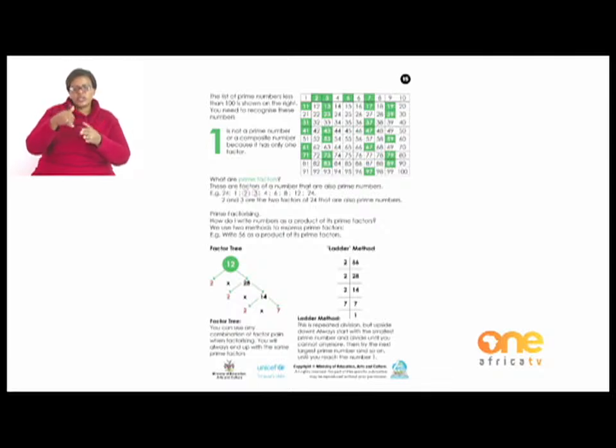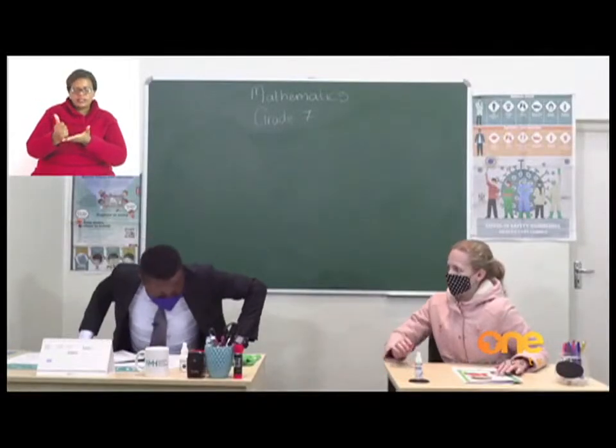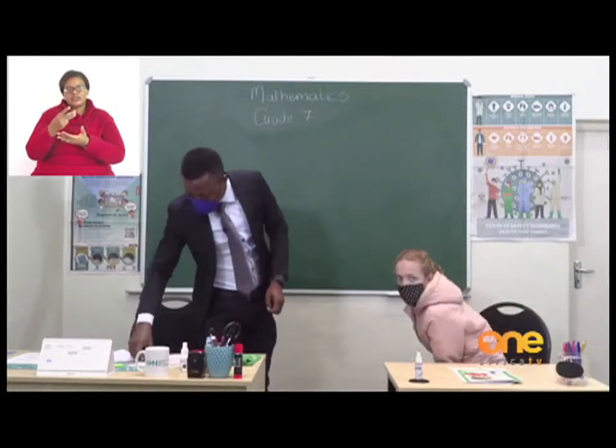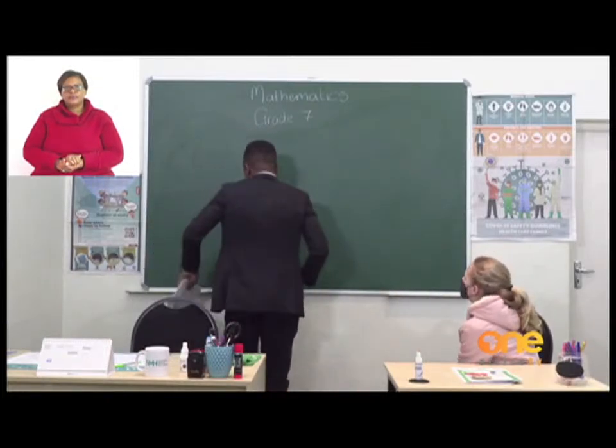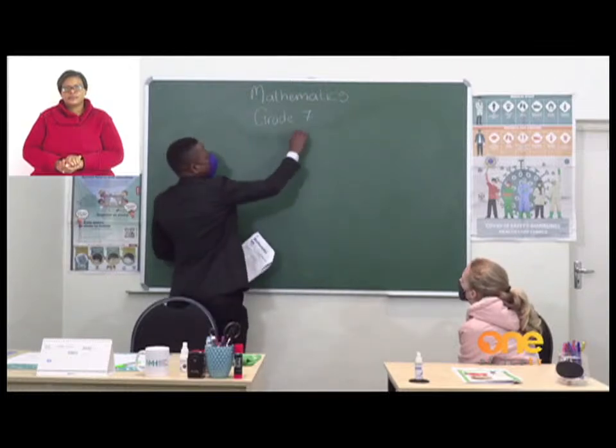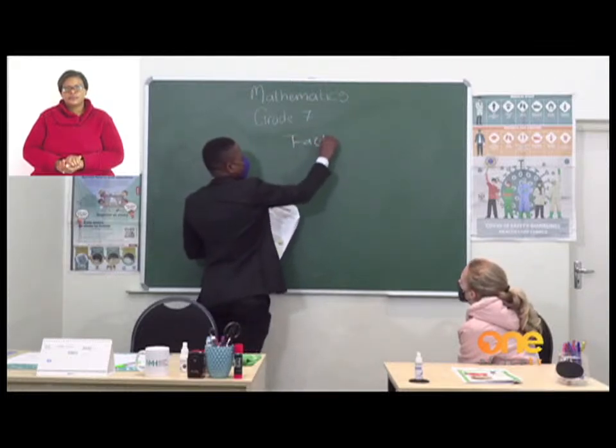Then try the next largest prime number, and so on, until you reach the number 1. With that, allow me to go to the chalkboard so that I can explain the three concepts much better. We did factors.